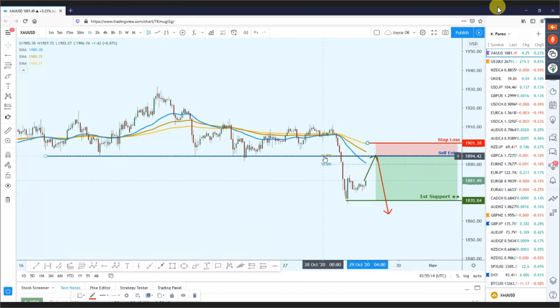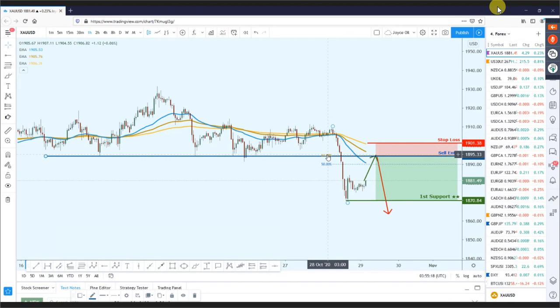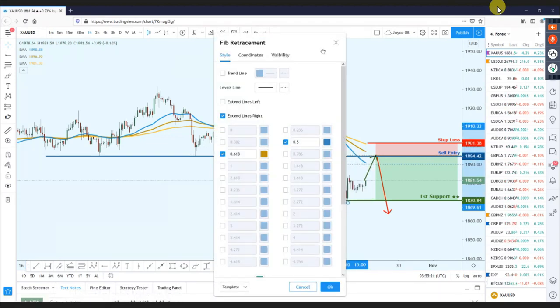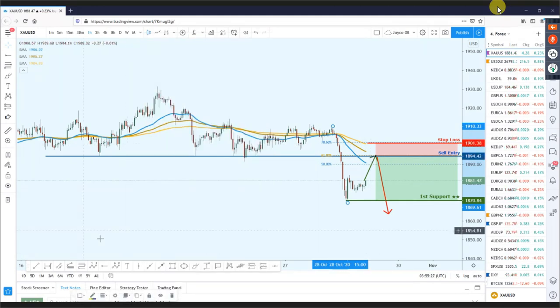So if I open up another level of 78.6, let's see if it matches our golden river right there. So here, we have our 78.6, as well as the golden river and previous price action.